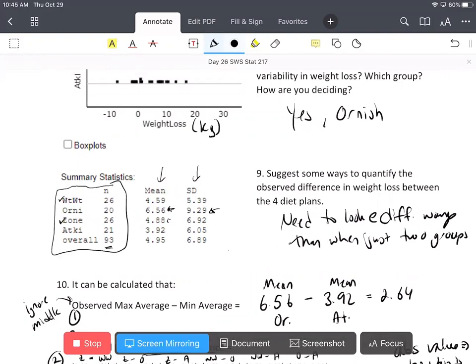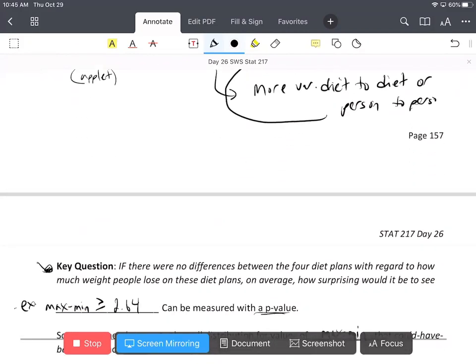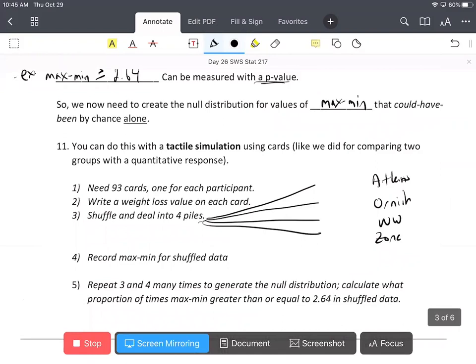We're going to use the counts because it told us exactly there were 26 people in Weight Watchers, 20 in Zone, Ornish, 26 in Zone, and 21 in Atkins. So that's the numbers that we want to deal out. Because remember, we're trying to figure out if these just all happen randomly, just by chance alone, what would happen.